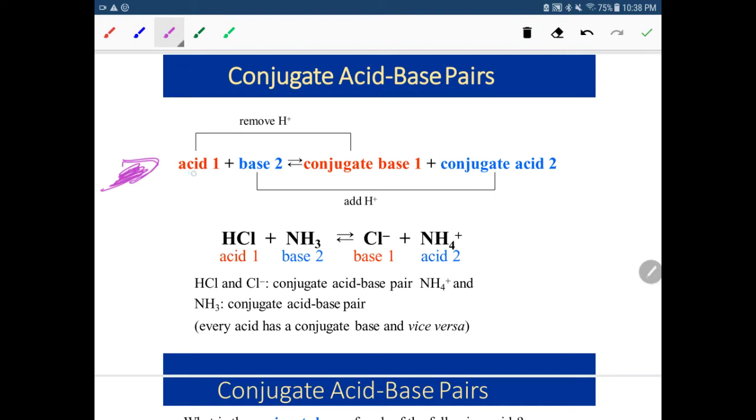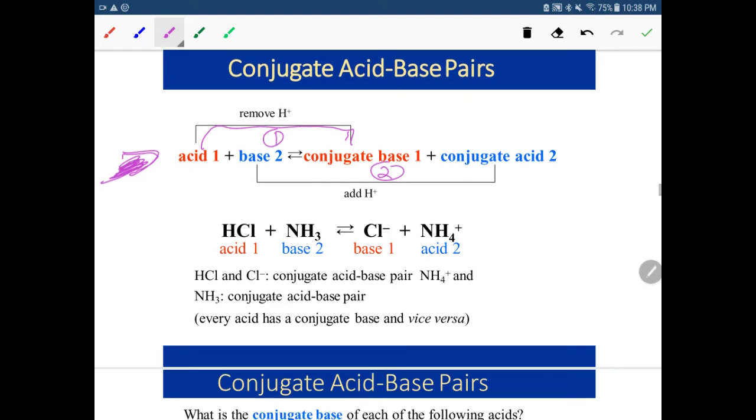So acid will become a base in the products, and a base in the reactants will become an acid in the products. Okay, conjugate acid base pair. Right, so this is the first pair, and then this base and conjugate acid will be the second pair of conjugate acid base pairs.